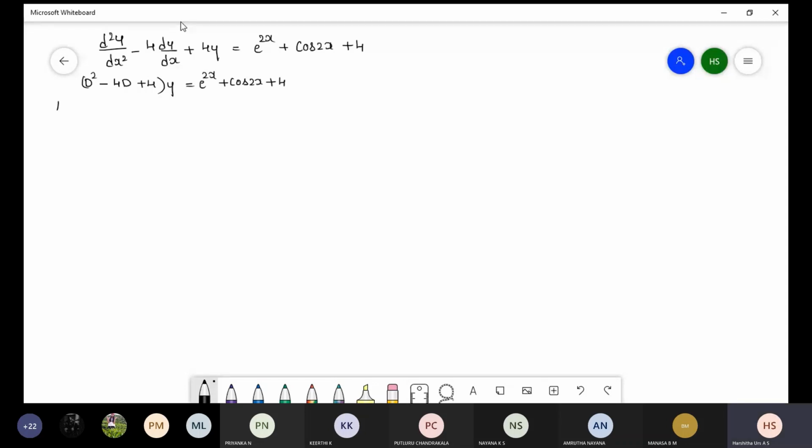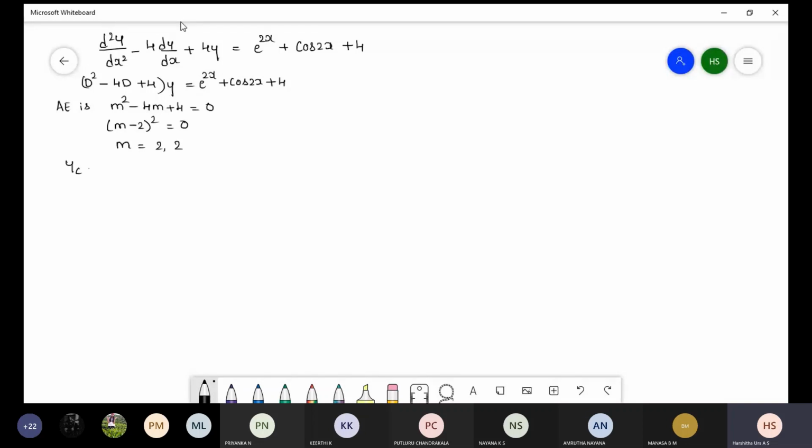Again, auxiliary equation is m square minus 4m plus 4 is equal to 0. It is in the form a minus b whole square. So m is equal to 2, 2.